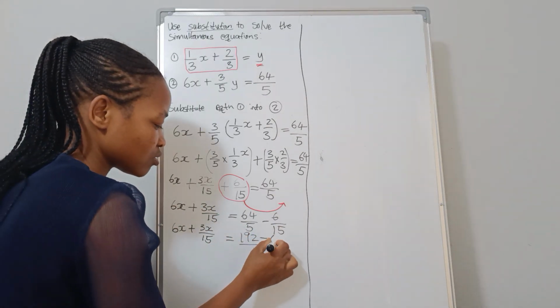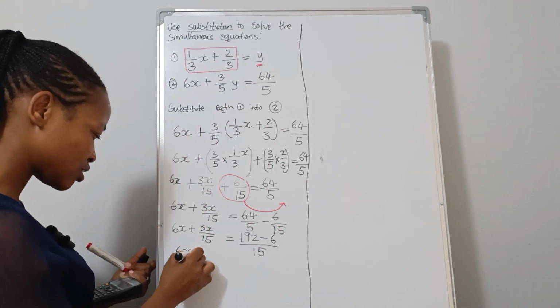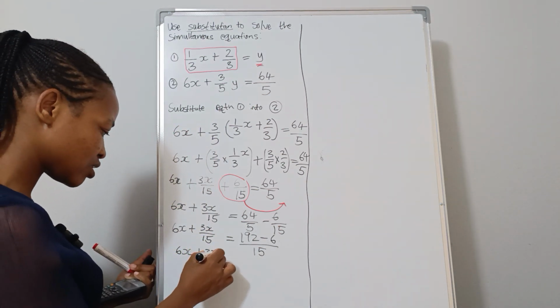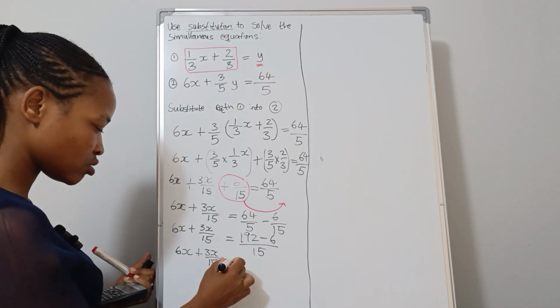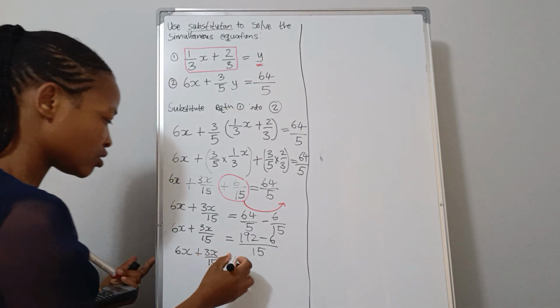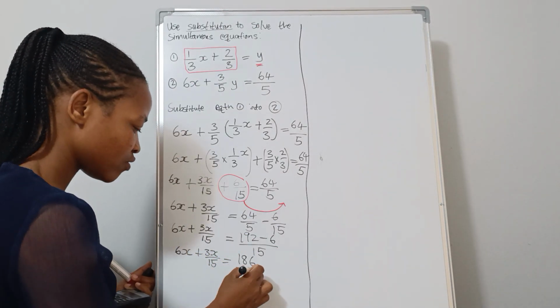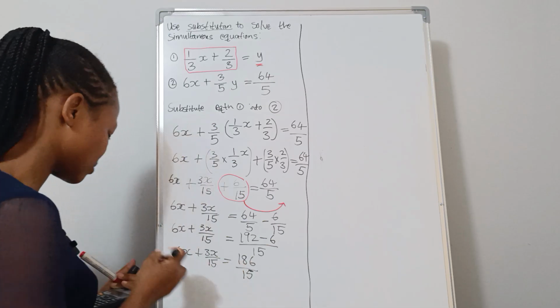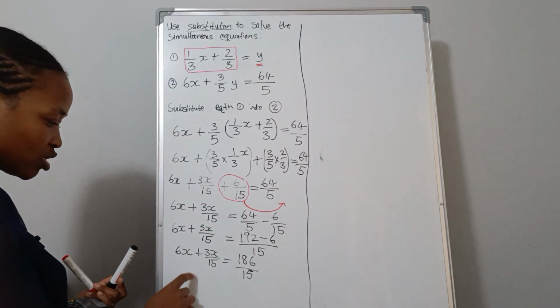So here we have 6x plus 3x over 15 equals, what's 192 minus 6? It's 186 over 15. Right, we have that. So we're going to work with this one here.